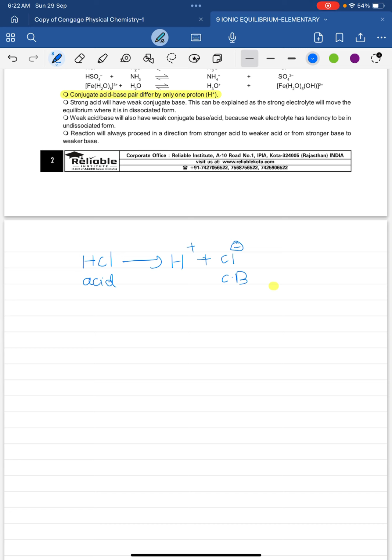If it is a strong acid, the corresponding conjugate base is weak.